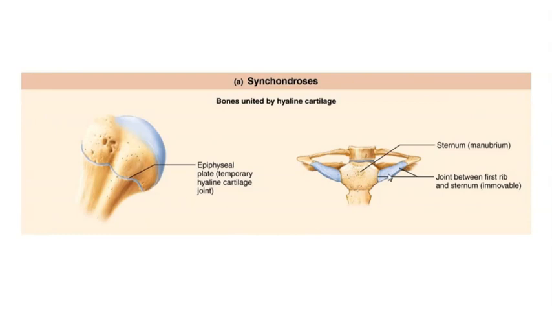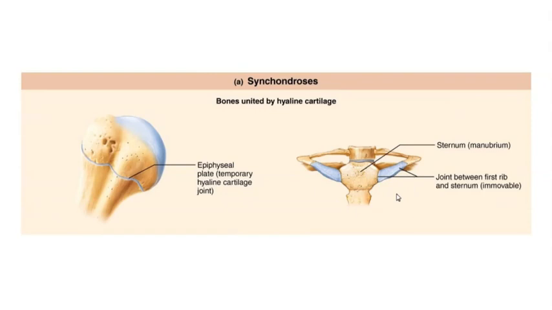You'll see that there's quite a bit of hyaline cartilage between the sternum and the rib itself, a pretty substantial piece of hyaline cartilage at this particular joint, and it connects the ribs to the sternum.